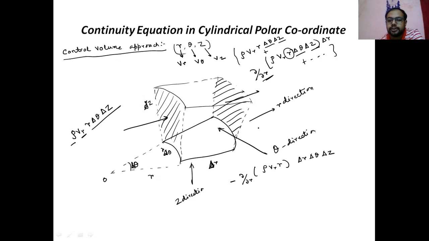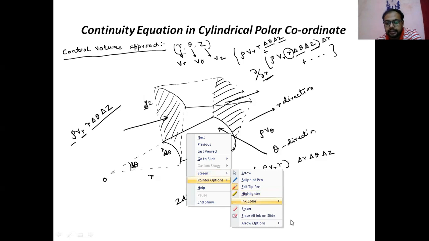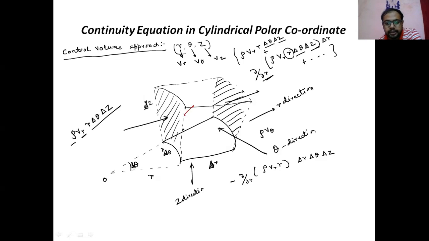Similarly, the theta direction also, you can write it down. Rho v theta. What is that area? If you think about this part, the area is del r into dz. So v theta into del r del z. Same way, what is coming out from just the opposite side?